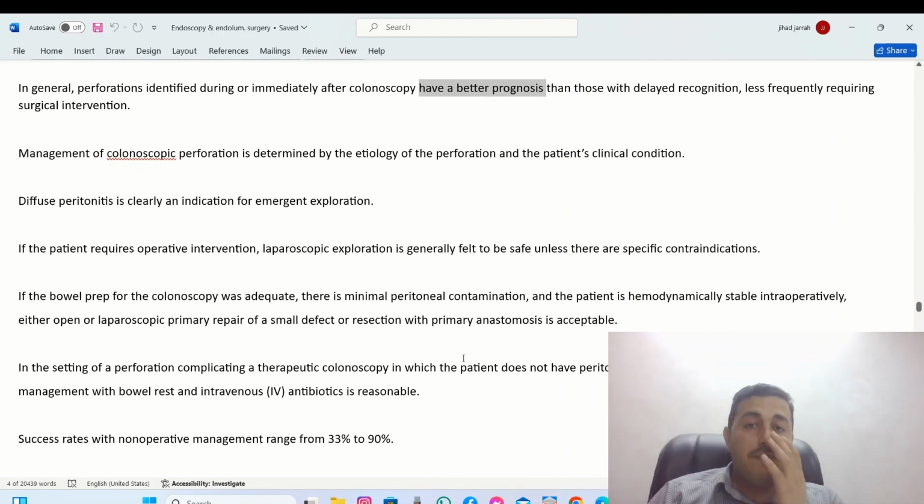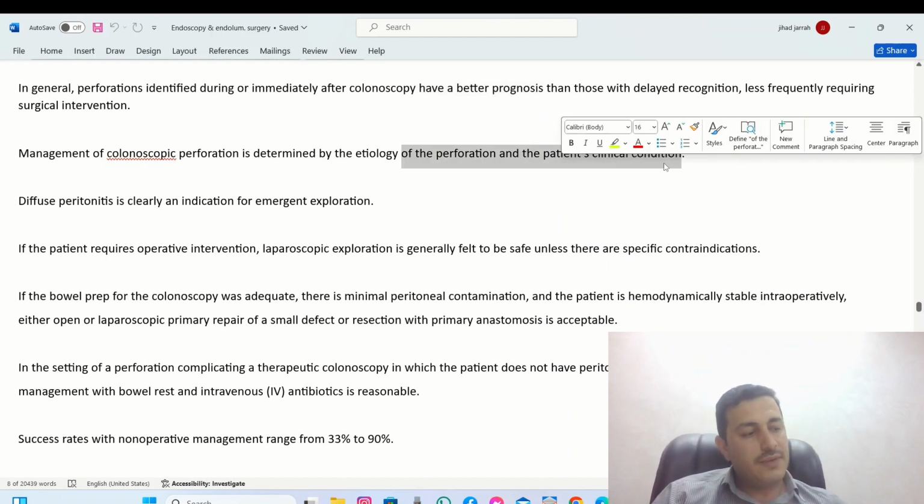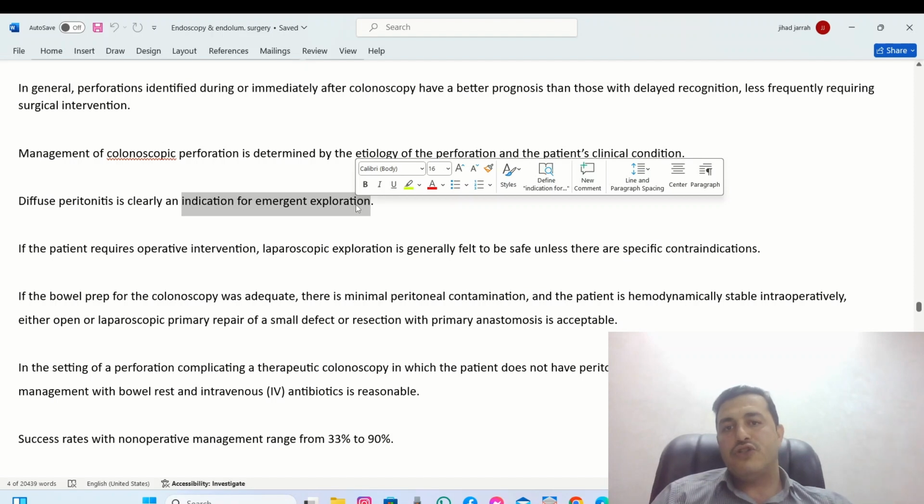The management actually depends on the etiology and the patient's clinical condition. For example, if we have diffuse peritonitis, we should proceed to emergent exploration.